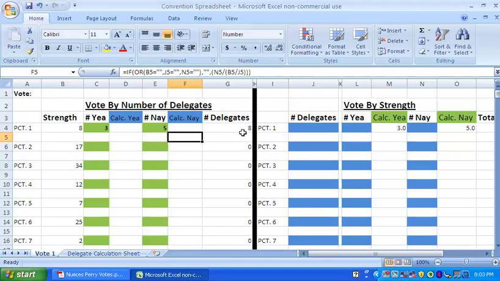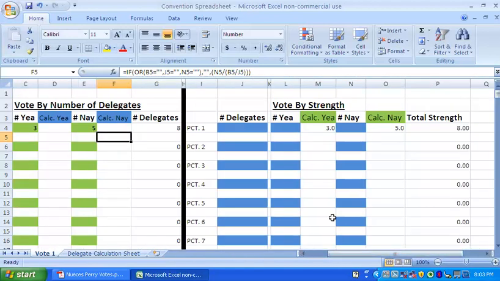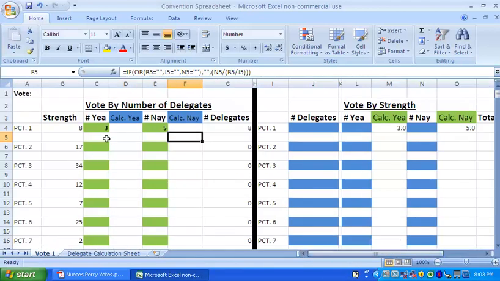In this scenario here, you can see that because there were 3 and 5, we had a total of 8 people present. And going on strength, there was 3 yeas and 5 nays. The reason for this is because there was 8 votes and there was 8 people voting.